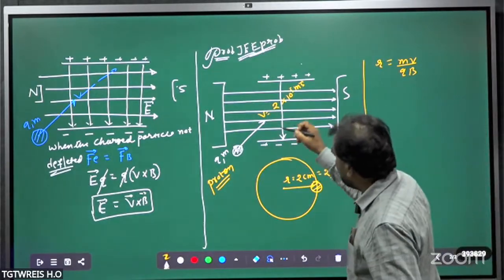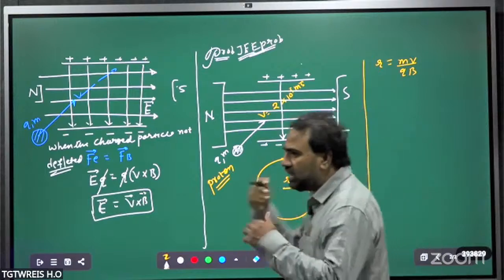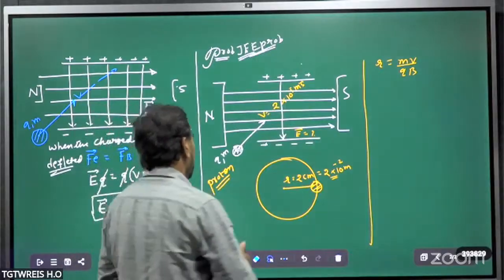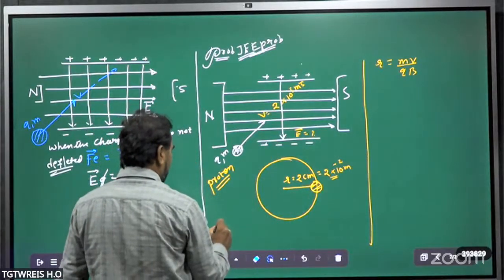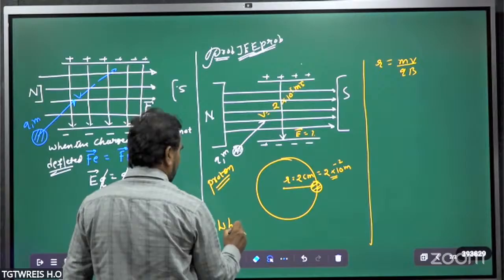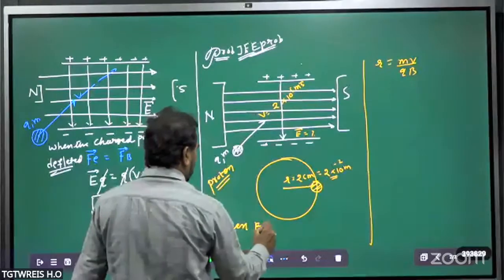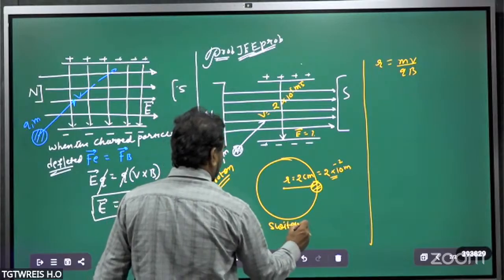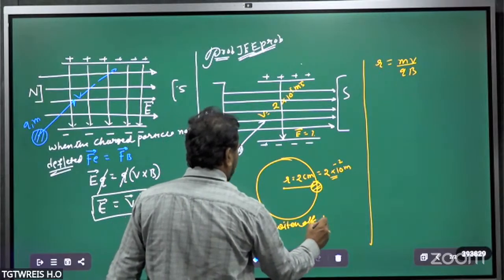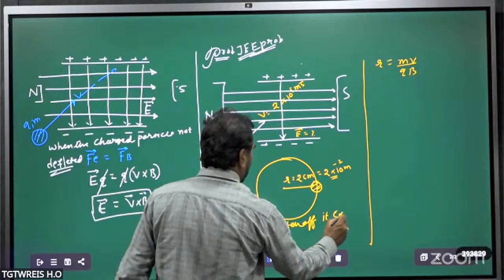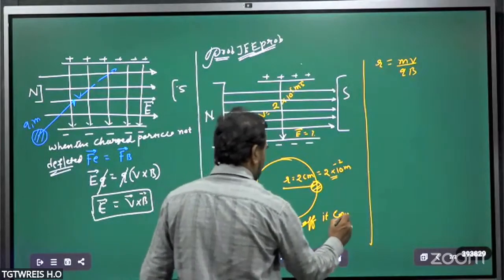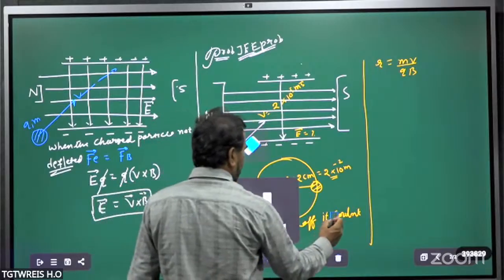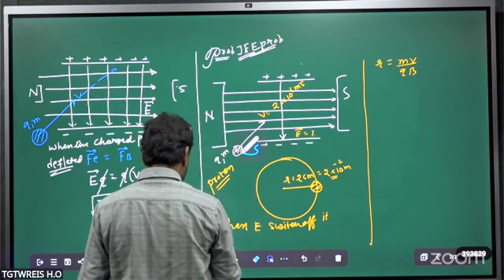But when the electric field is switched off, it could not be deflected in any field direction.